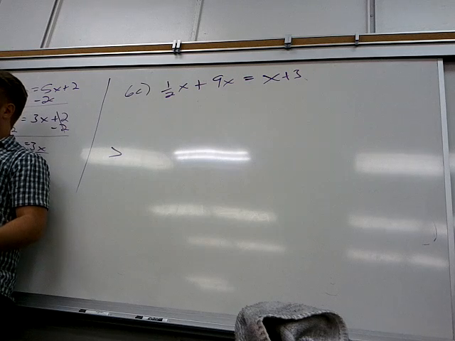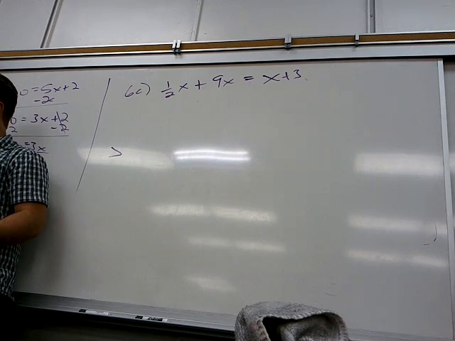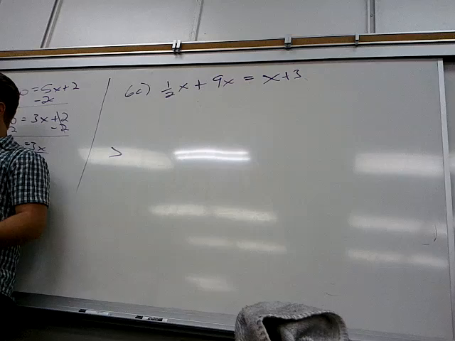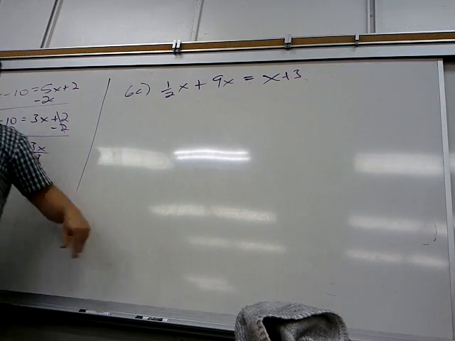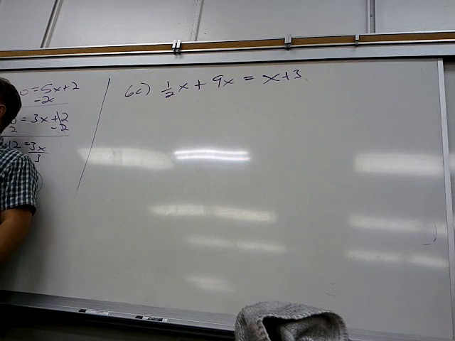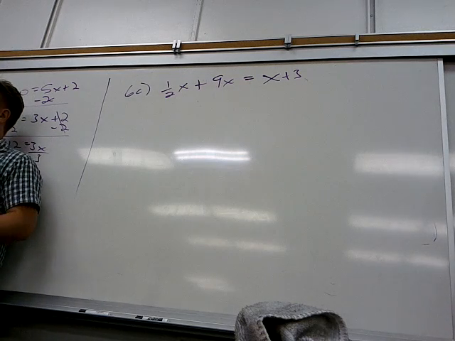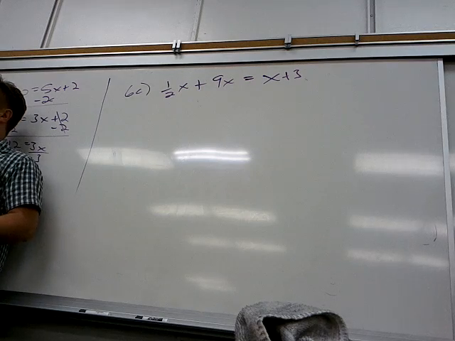I wanted to ask you about the half x. Don't I need parentheses around it with the 9x? It's not half a sum. It's just half a number. The half is only being applied to the number.